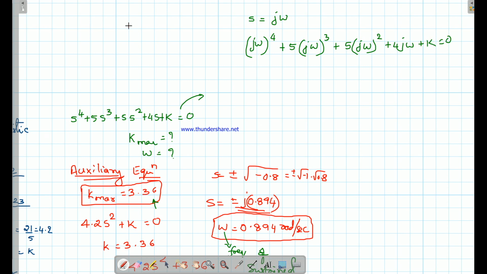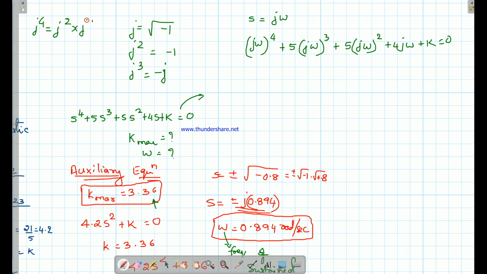Now we know that in mathematics j equals square root of minus 1, so j square equals minus 1. So j to the power of 3 is equal to minus 1 into j, so it is minus j. Similarly, j to the power of 4 is equal to j square into j square.